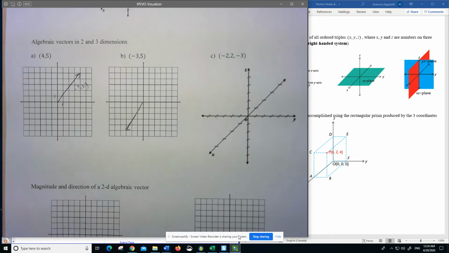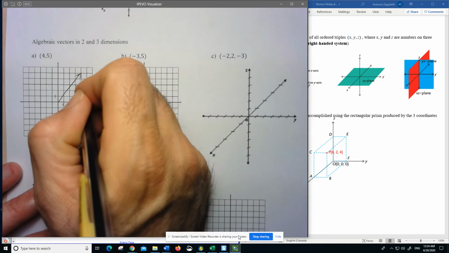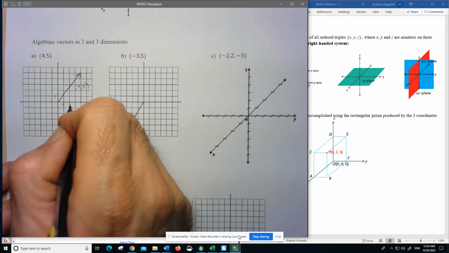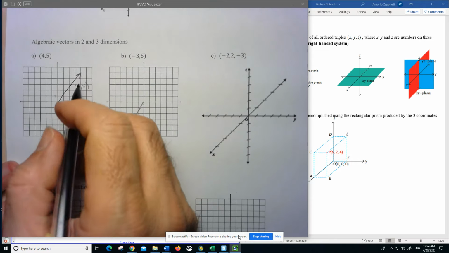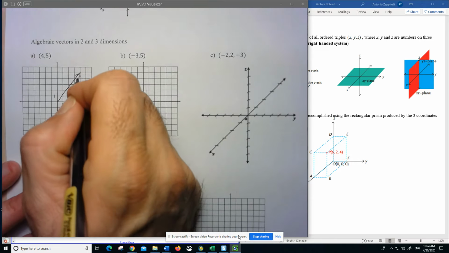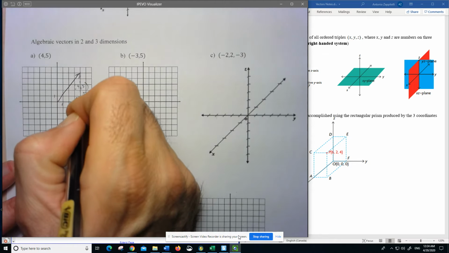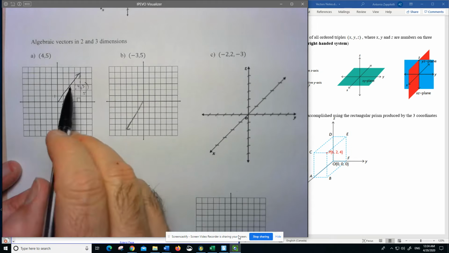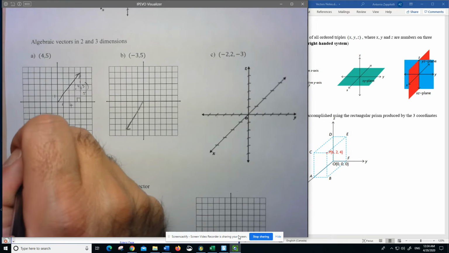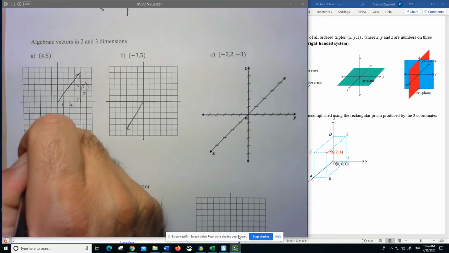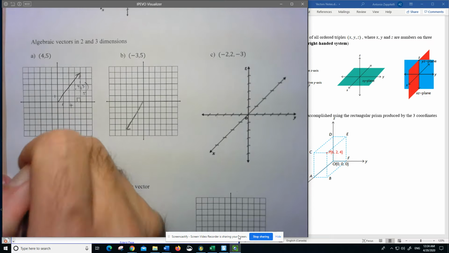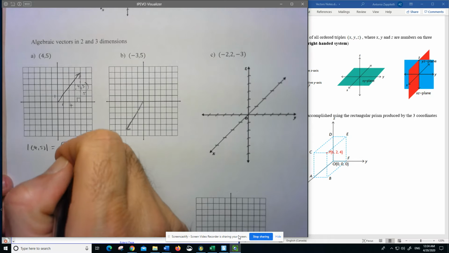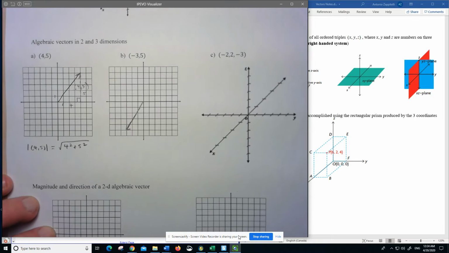Okay, now let's see if we can find the magnitude of this vector. Well, this is where we realize that hopefully you're seeing that, hey, wait a minute, if I've gone 4 in that direction, it means this horizontal length is 4 and this vertical length is 5. If I consider this right angle triangle, I realize that I can just use Pythagoras to determine the length of this vector. So the magnitude of the vector 4, 5 is just going to be equal to the square root of 4 squared plus 5 squared.